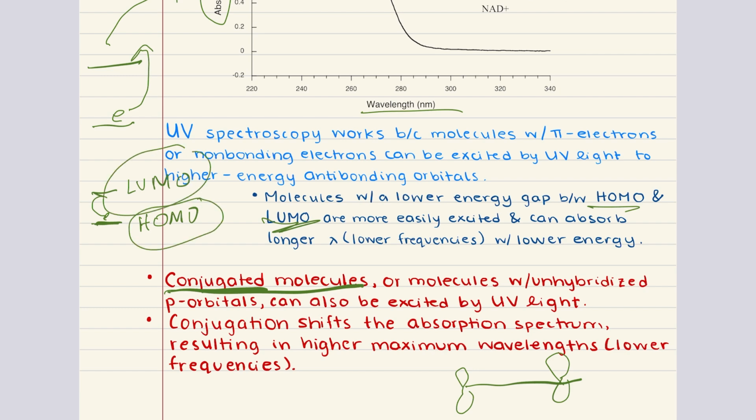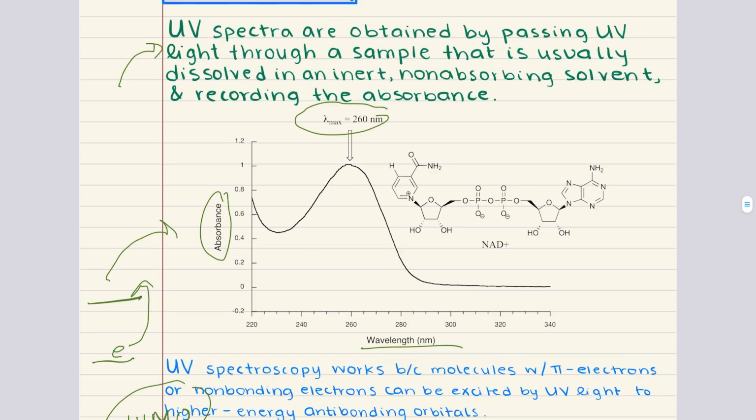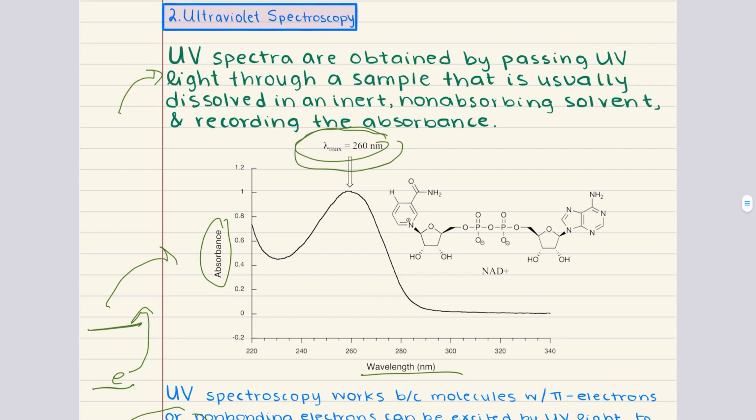So electrons in conjugated systems can be excited by lower energy, longer wavelength light. So when a molecule has a lot of conjugation, then this lambda max shifts to longer wavelengths. And this is called a red shift. In contrast, molecules without conjugation typically absorb at shorter wavelengths in the UV region.